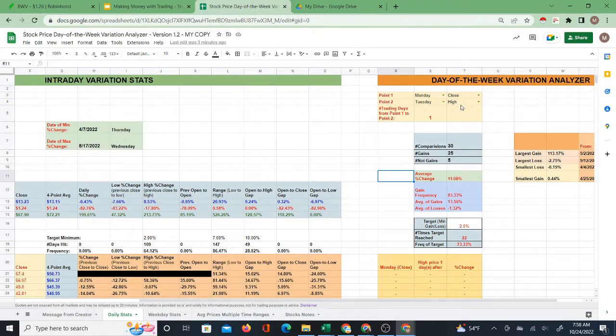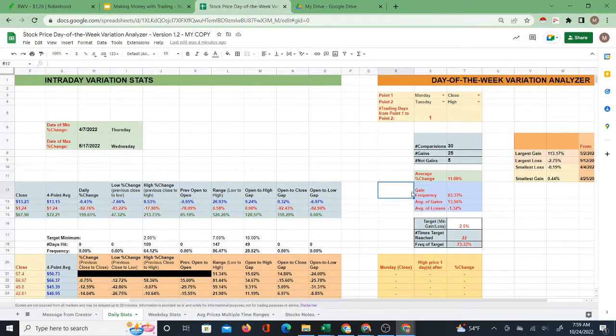Okay, looking at these 2 points now mathematically, not just looking at the numbers, but the actual summary of what's happening. On average, it changed 11% from Monday's close to Tuesday's high. The average percent change is 11.8%.